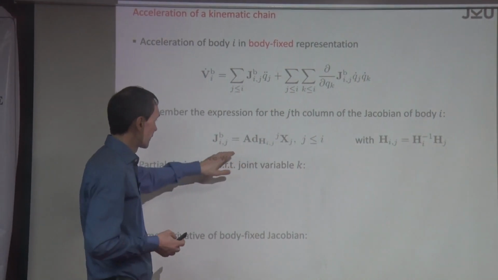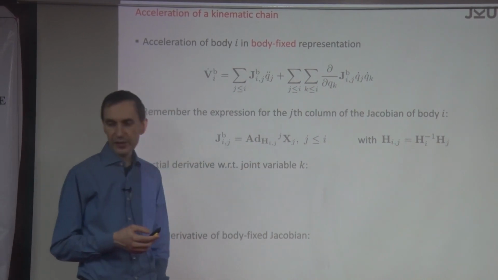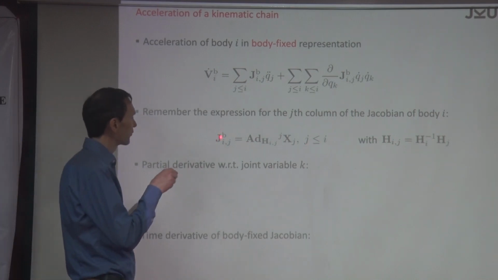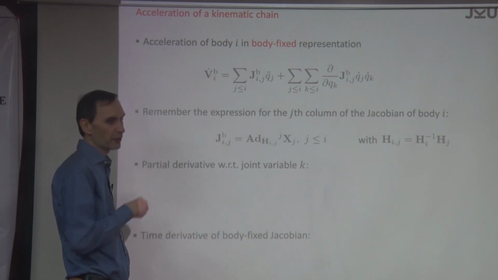And exactly, remember that we said, this is what we had yesterday. How do we define, or what was the result for column J of our Jacobian of body I?